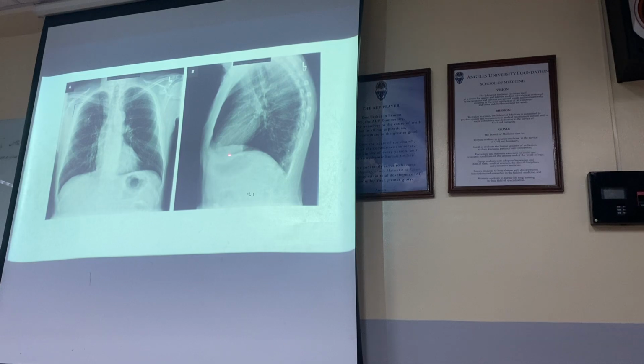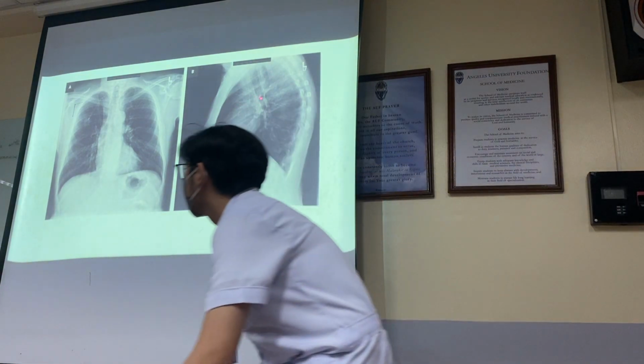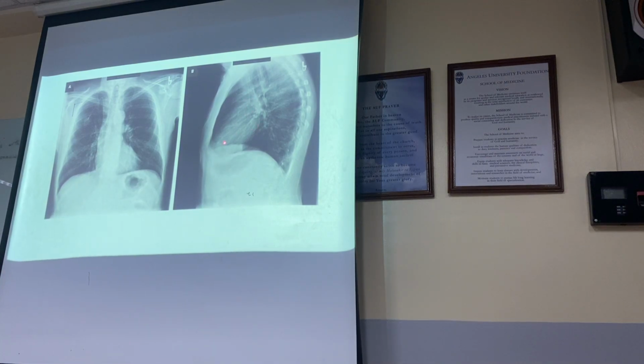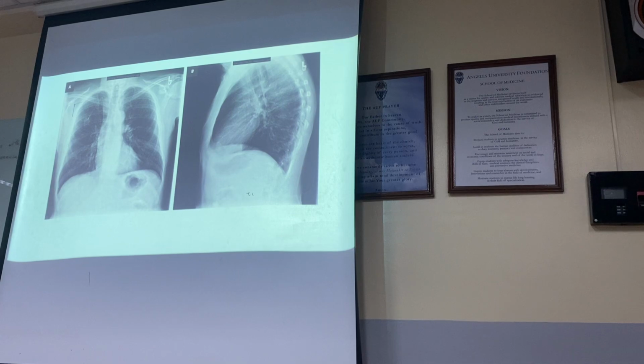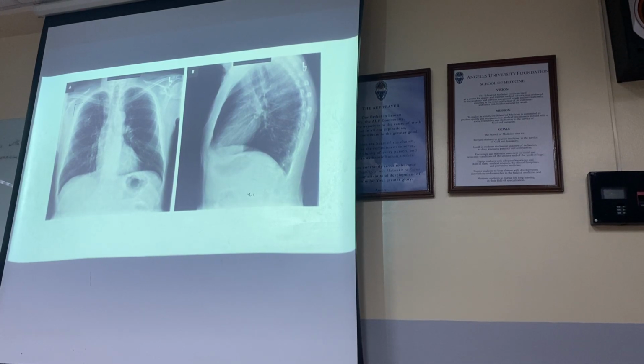While the posterior border up to here is the left. The base is formed by 2 atria. This is the apex, that is the base, right? It is formed by the 2 atria, mostly by the left. So there is the esophagus. That's why I remember the left atrial enlargement might compress on the esophagus. Di ba?